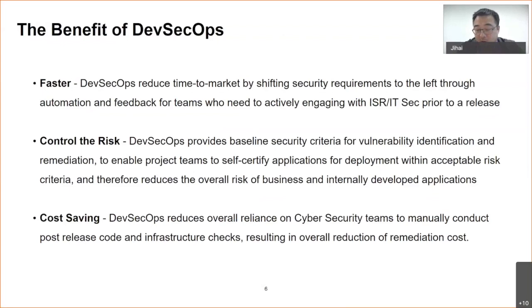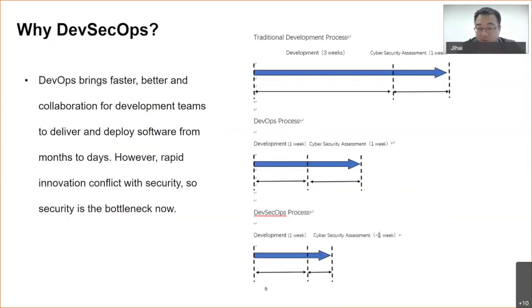Okay, the third benefit we call cost saving. What does this mean? We still use this example. Like I mentioned before, normally the cybersecurity assessment will happen before going to production.